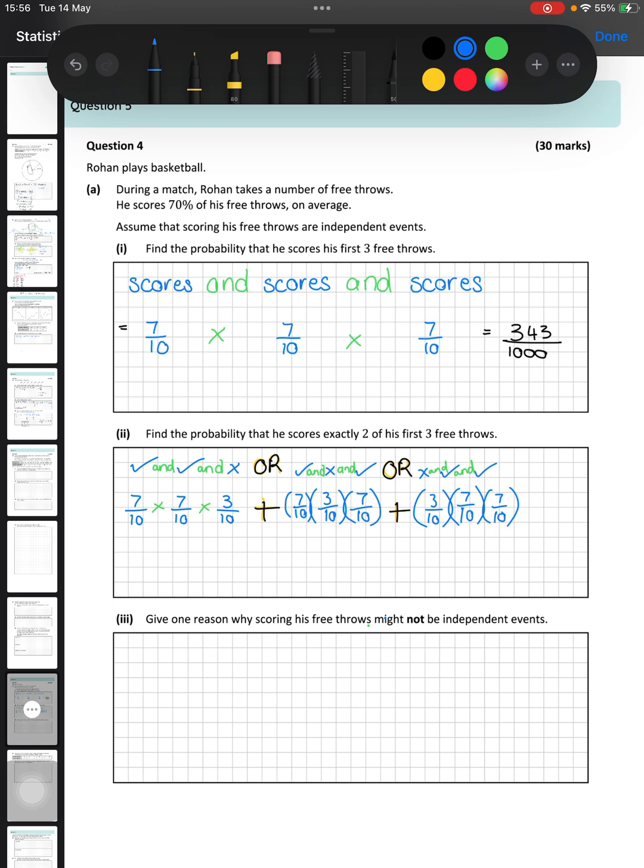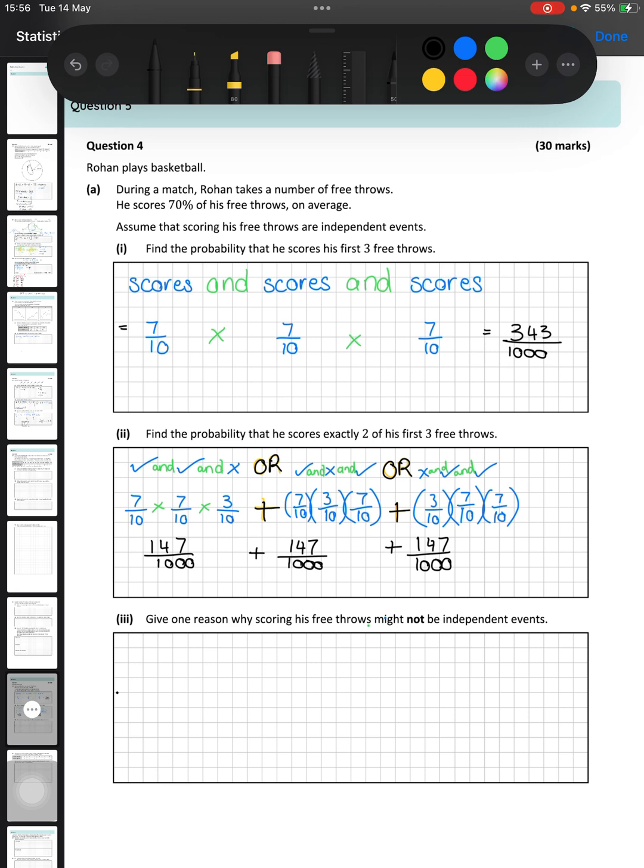147 over 1,000. Okay, and we're going to have to multiply that by 3. Okay, so what I have here essentially is 147 over 1,000 plus 147 over 1,000 plus 147 over 1,000.